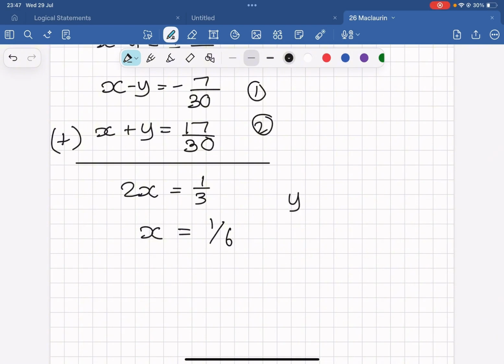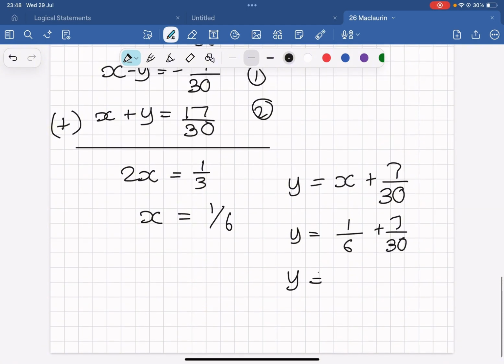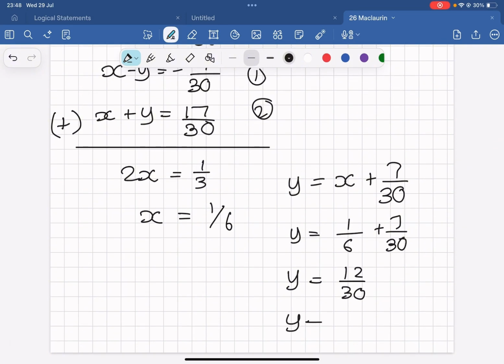So 1 rearranged is y equals x plus 7 over 30. y equals a sixth plus 7 over 30. 1 over 6 is the same as 5 over 30. So 5 and 7 is 12 over 30. Divide by 3 on top and bottom, we get 4 over 10, which is the same as 2 over 5.